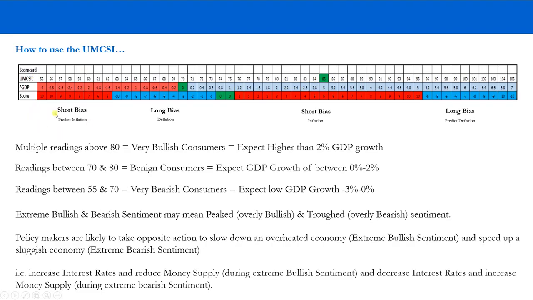In the extreme cases where we've got extreme bearishness from consumers, we're looking to predict inflation because it can't get any worse, and we're looking for a long bias to the currency.